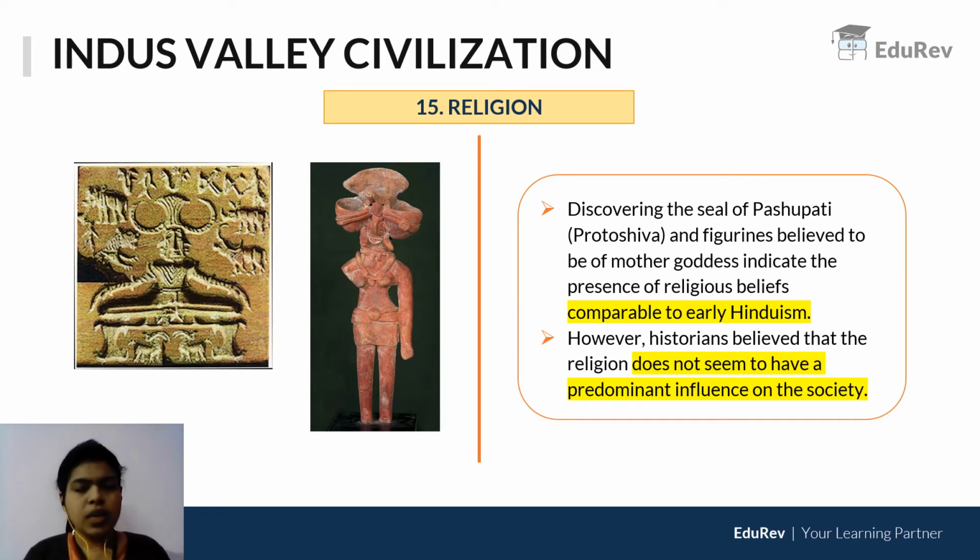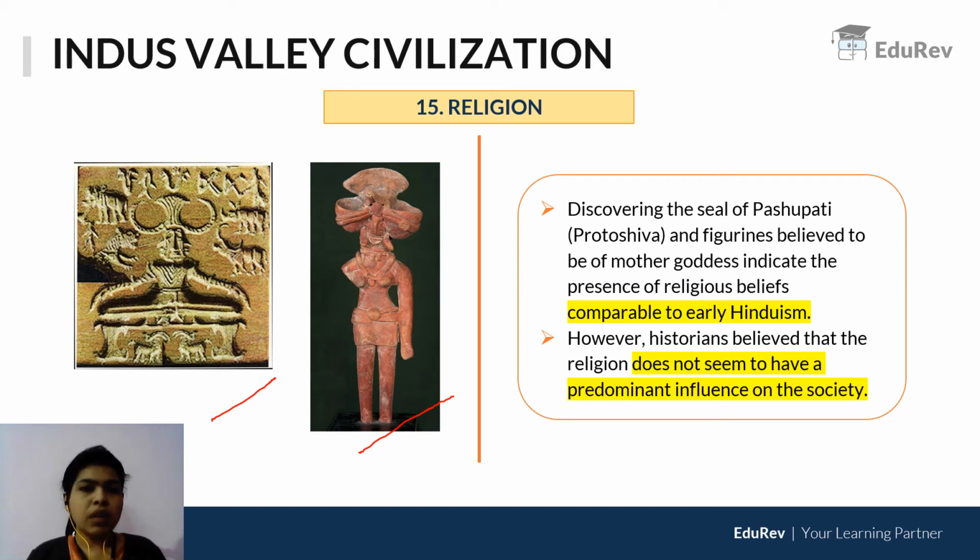Let us try to understand that some religious beliefs comparable to present-day Hinduism were found in the Indus Valley civilization. How did they prove that? Because you have the seal of Pashupati, who was considered to be the proto-Shiva. And similarly, we also have the worship of the Mother Goddess.